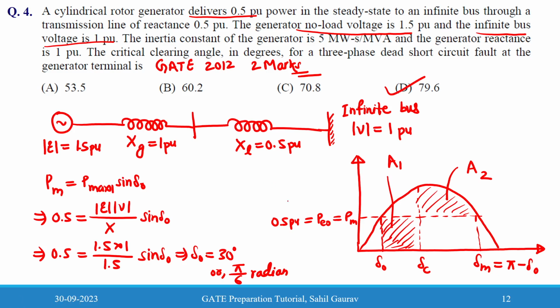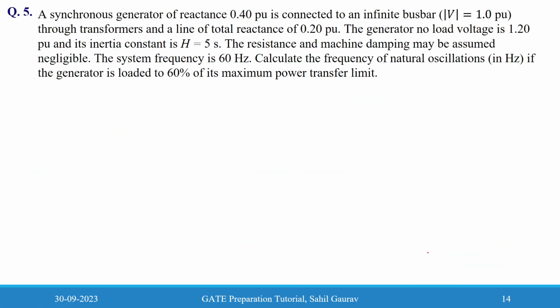In this problem here you take it as P max. So in this problem it is given that one generator is connected to an infinite bus.